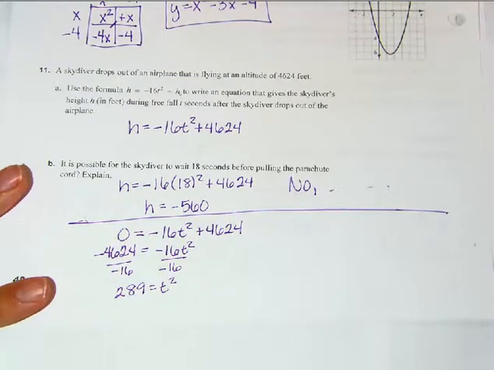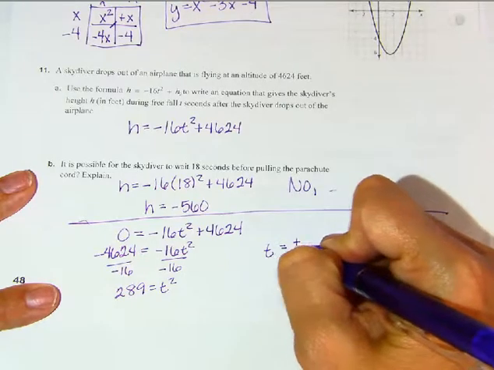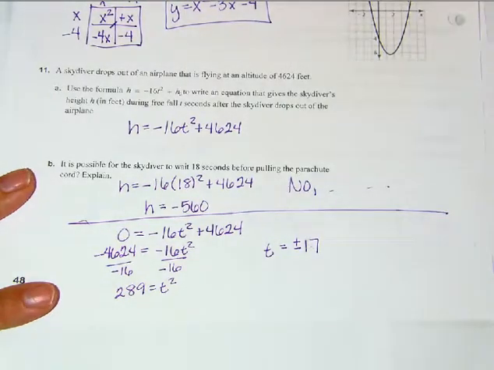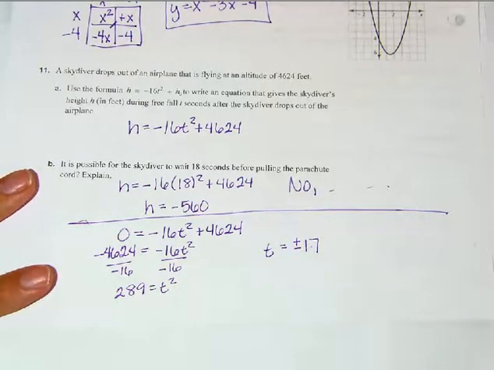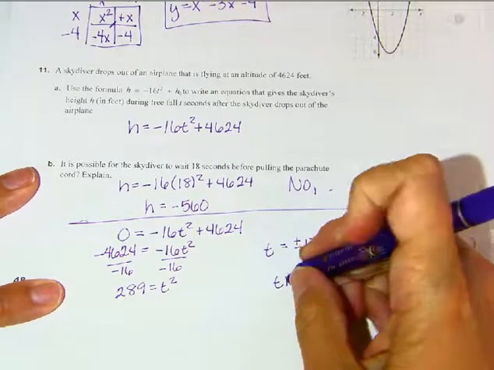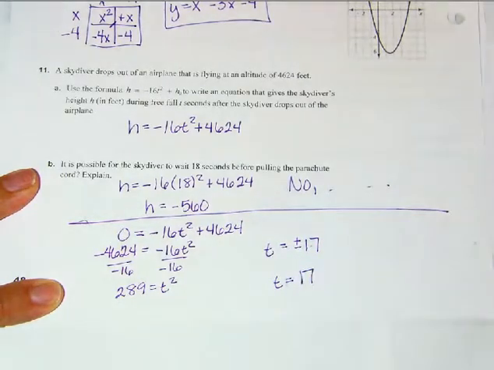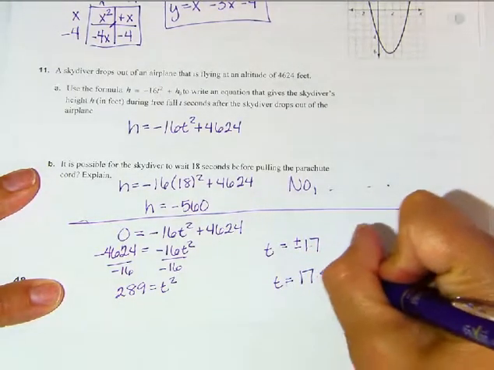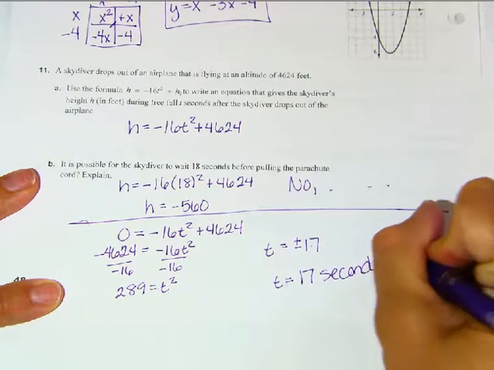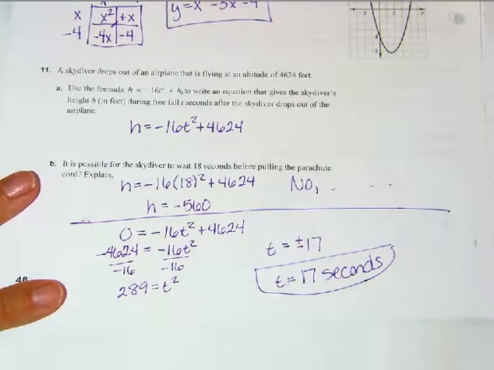Now, when you square root both sides, you're going to get t equals a positive and negative 17. Well, we're not wanting negative time, so in this case we just want the 17, okay? It's going to take 17 seconds to hit the ground without opening a parachute.